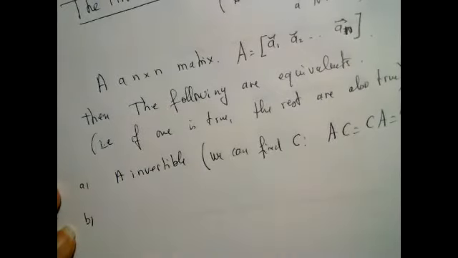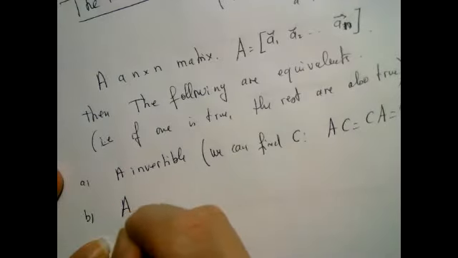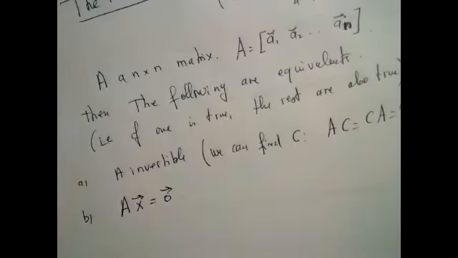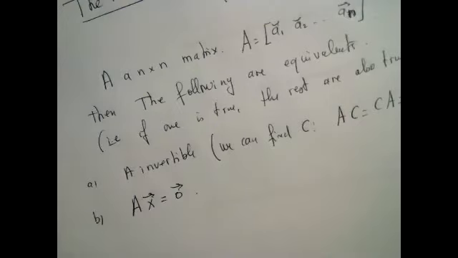Now I start asking you questions. If this is the case, what can we say about the system AX equal to 0? If A is invertible, what does the invertibility of the matrix tell me about that? That's a homogeneous system. It's absolutely consistent because 0 is a solution.